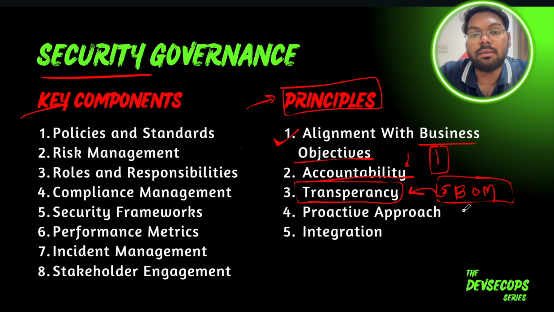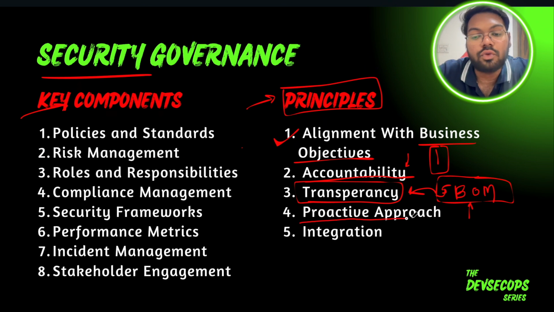SBOM is nothing but a software bill of materials, and it contains whatever third party tools or libraries you have used to build your application. It is a JSON file containing this information. So in a way you become transparent with the customers or the regulatory bodies, and they can know these are the components included in your application, and whether it is safe or not.